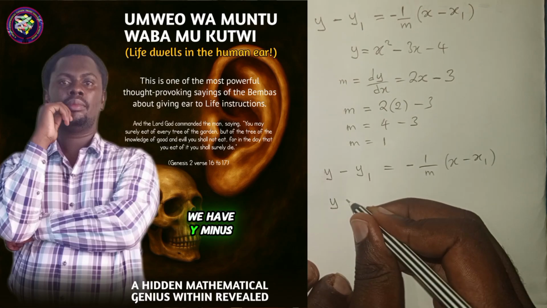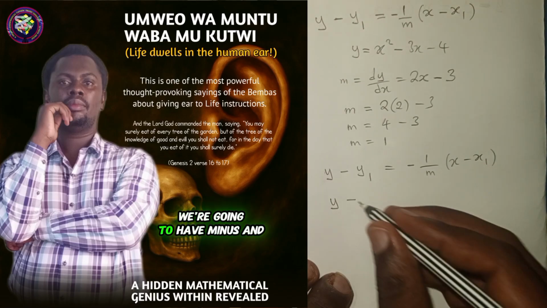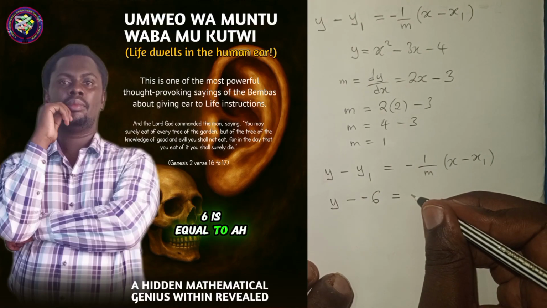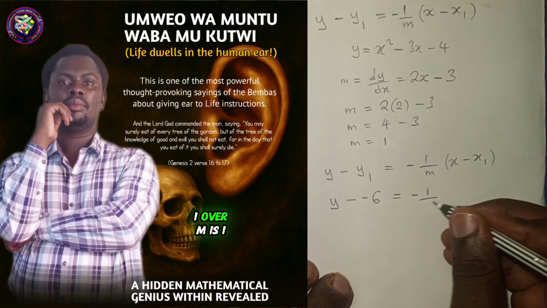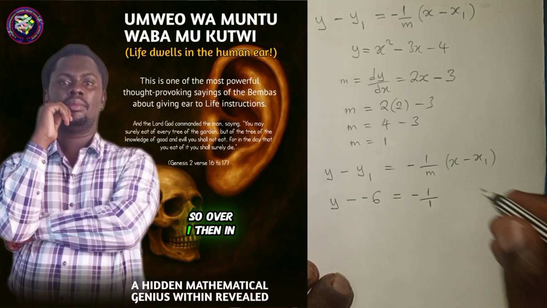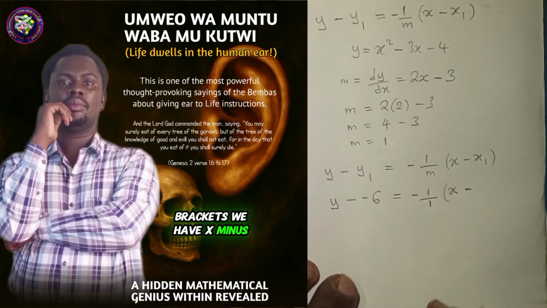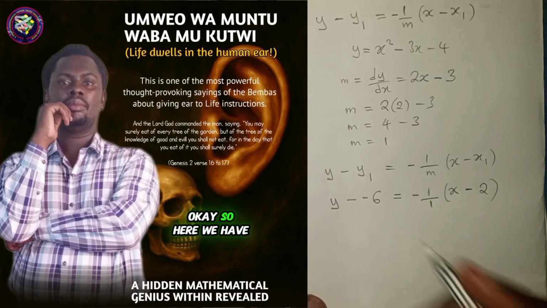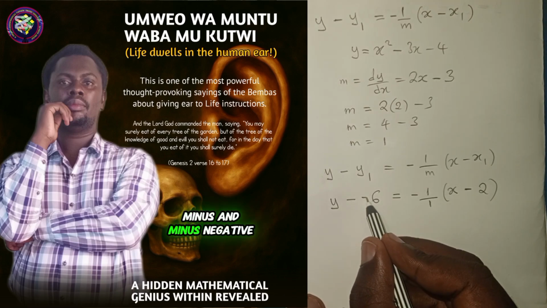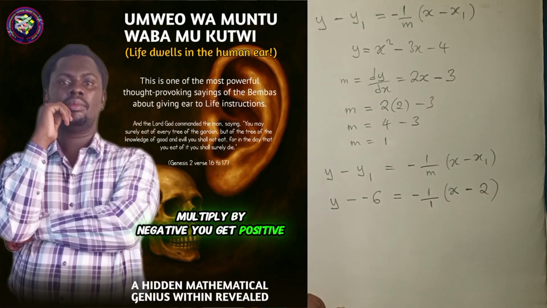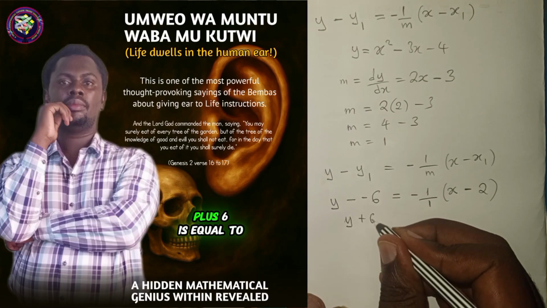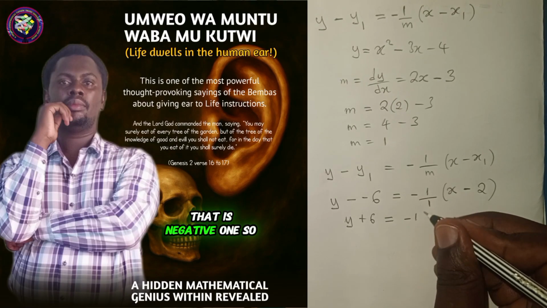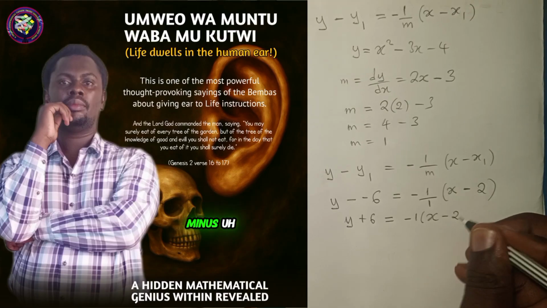So we have y minus negative 6 is equal to minus 1 over m, and m is 1, so over 1, then in brackets x minus 2. Here we have minus and minus; negative multiplied by negative gives positive. So y + 6 = -1/1, that is negative 1, times (x - 2).